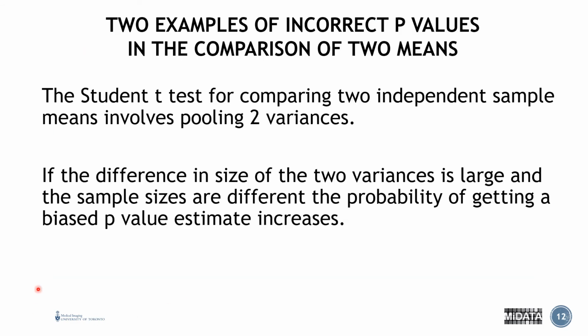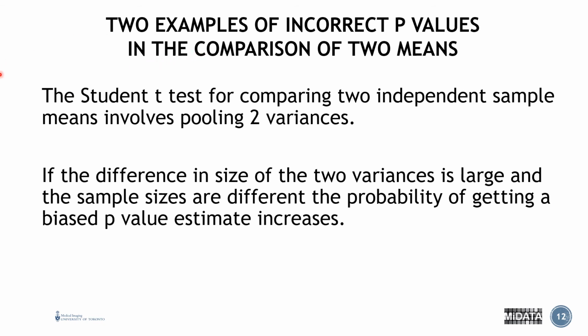Okay, the next few slides are a bit of a brain teaser. It's just to strengthen your knowledge about what we've covered so far in this lecture. So here are two examples of incorrect p-values in the comparison of two means.